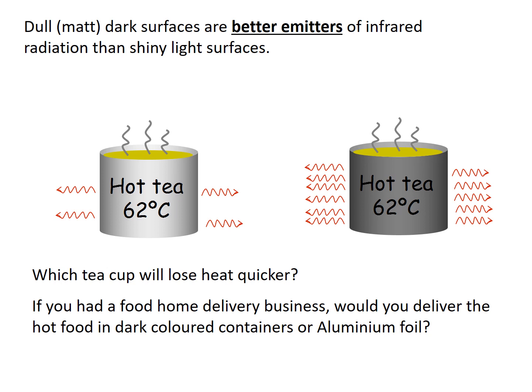Think about the takeaway that you might get from the curry house. They always seem to come in foil containers, and this is because heat will be reflected inwards and keep the food warmer. The dark surface would absorb the heat and then emit it outwards.